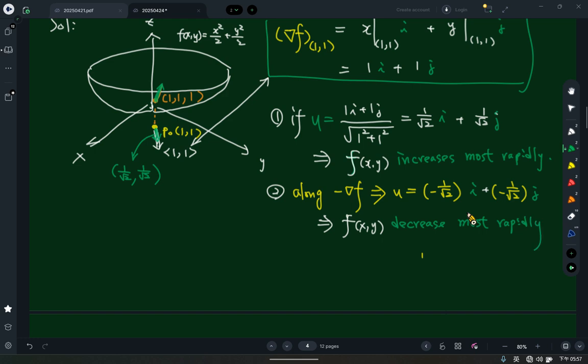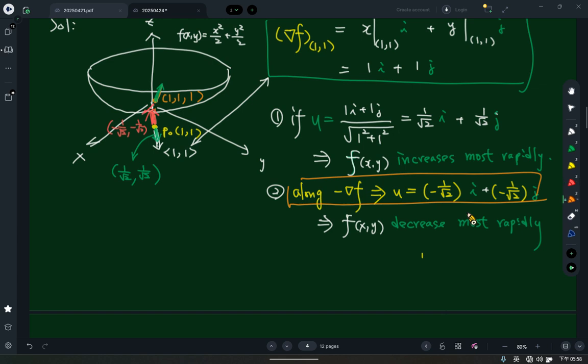Okay, so what direction? This direction will be, maybe I can use this one. This direction will be this one, the red one, right? So this direction will be negative 1 over square root of 2, negative 1 over square root of 2. And then you can notice that if we follow the surface, then that will be this way.